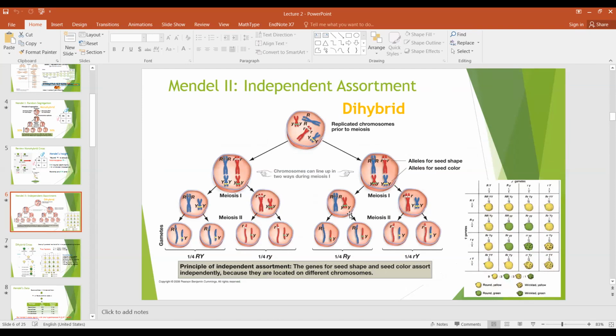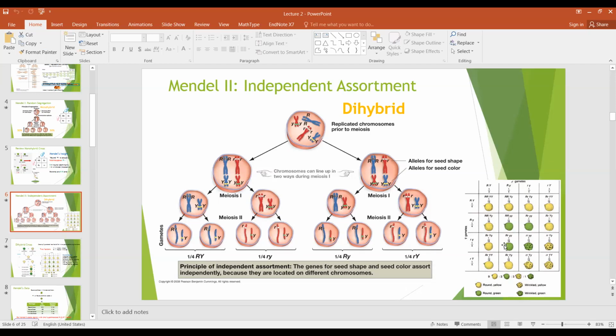What is the relationship between these two genes? As this law says, during meiosis, these two genes are sorted completely independently if they are located on two different chromosomes.